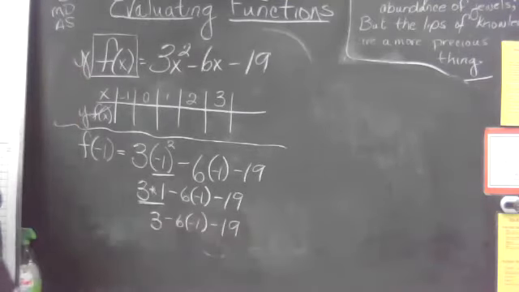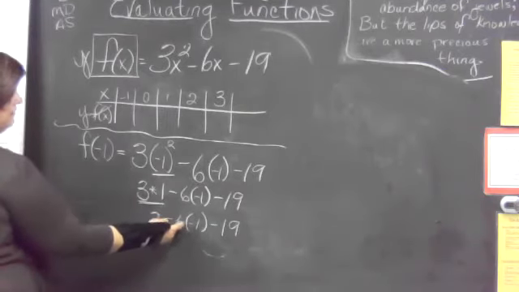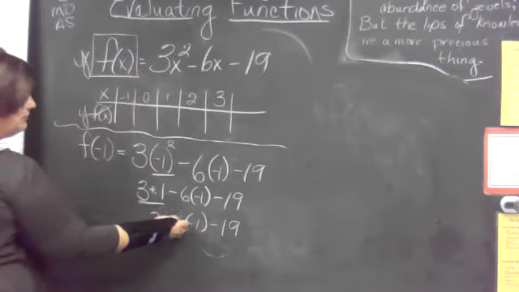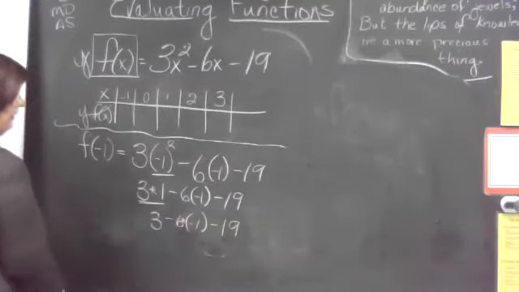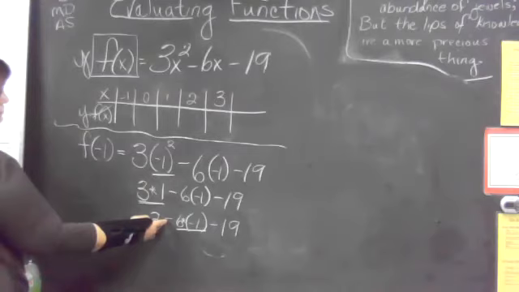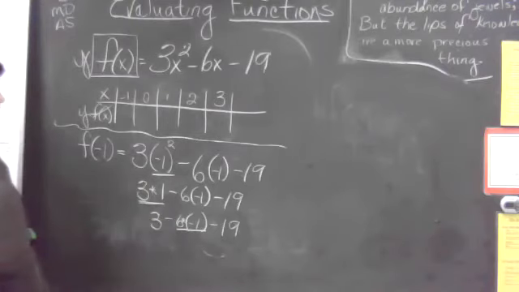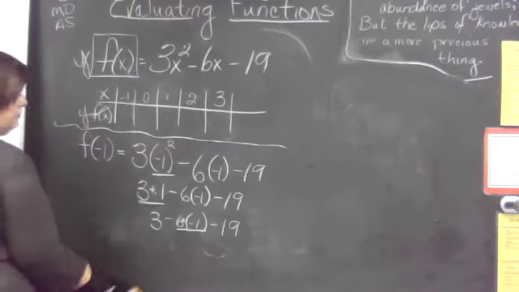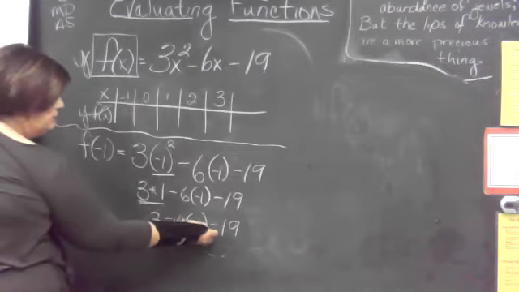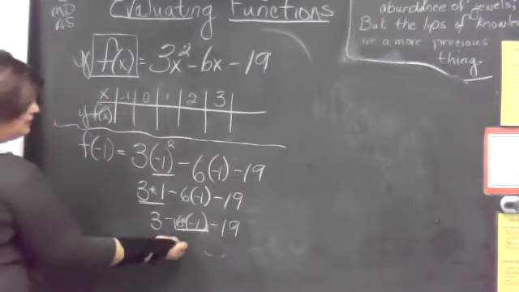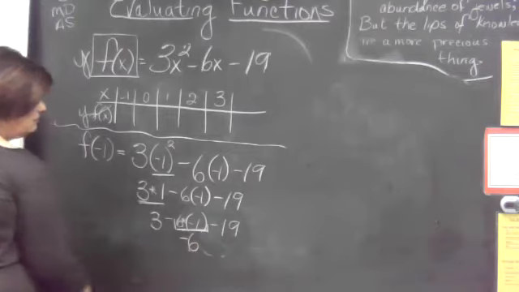I still have a multiply because this 6 is crammed up next to this. And when they're crammed together, it's an understood multiply. So this is what I take care of next, right here. This is a subtract. I don't do it yet until I get all the multiply and divides done. So if I'm just going to do this piece, I have a -6.